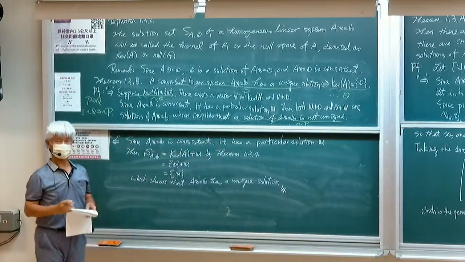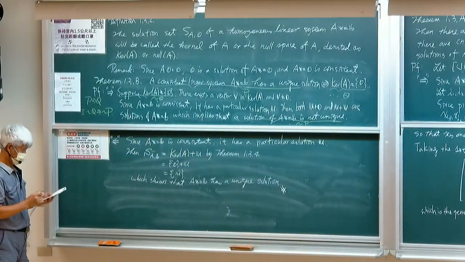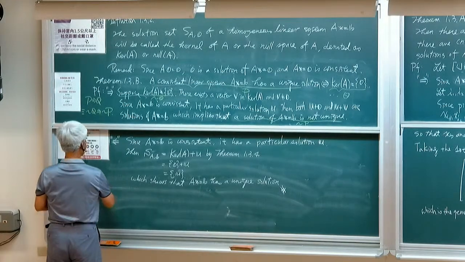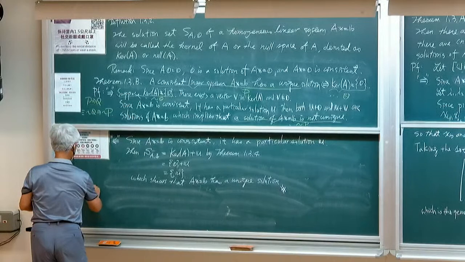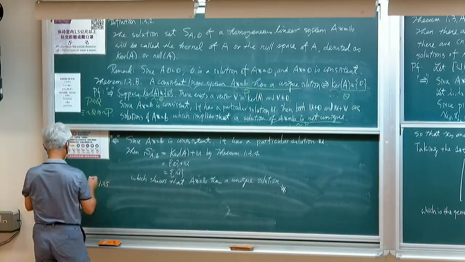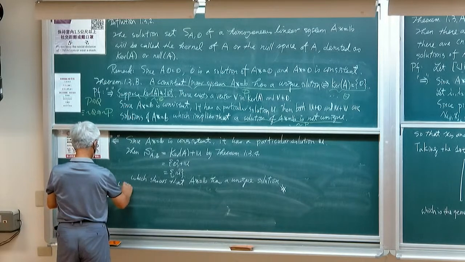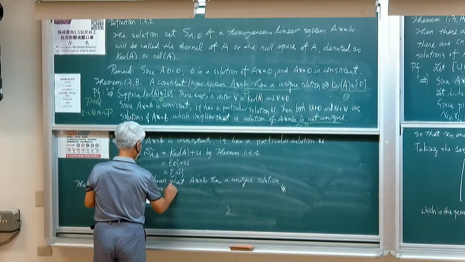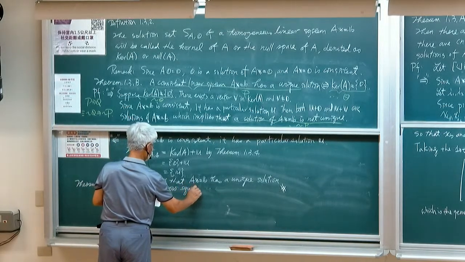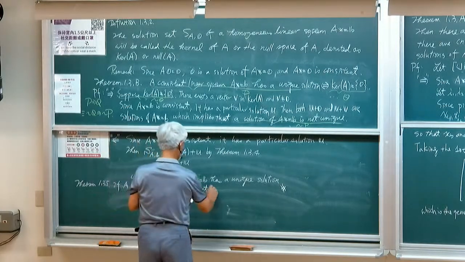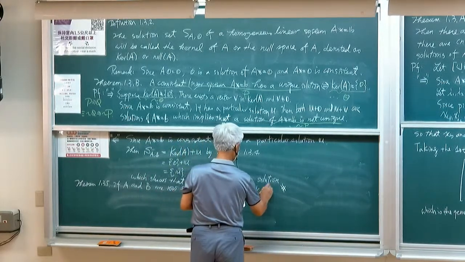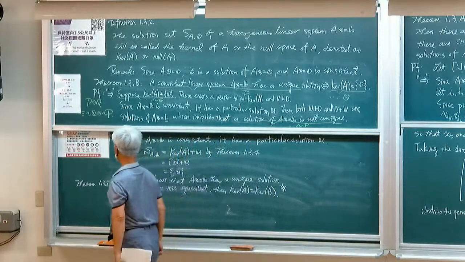Questions? All right. We need a theorem. If A and B are row equivalent, then kernel A is equal to kernel B. Okay.